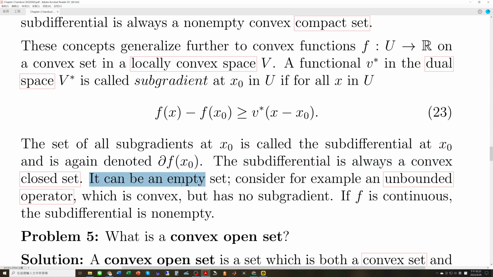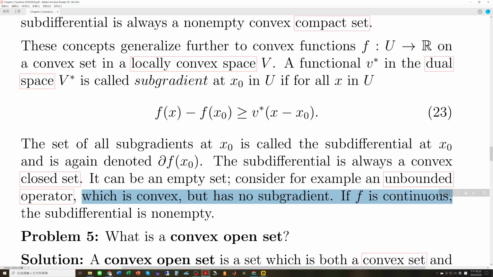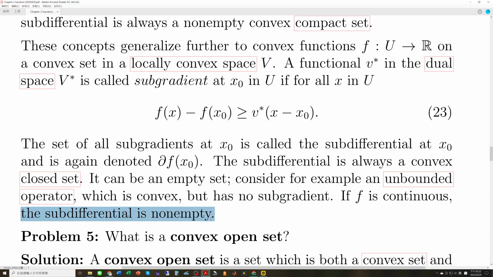It can be an empty set. Consider, for example, an unbounded operator. We will explain what an unbounded operator is later, which is convex but has no subgradient. If f is continuous, the subdifferential is non-empty.